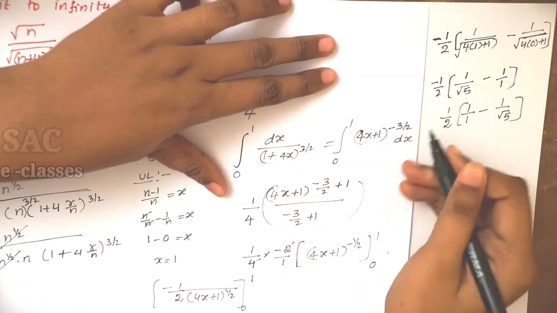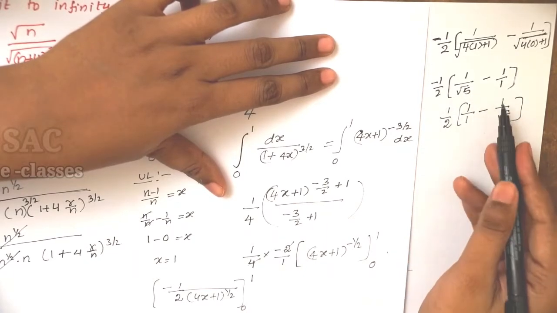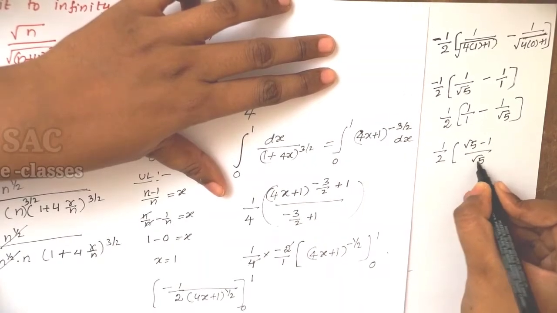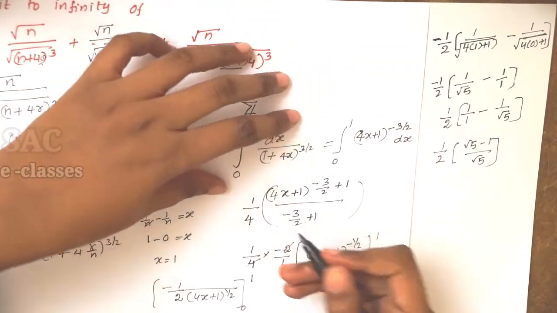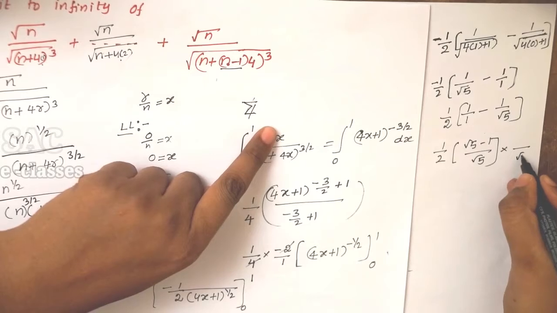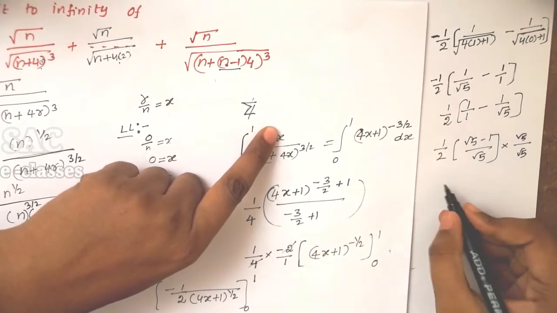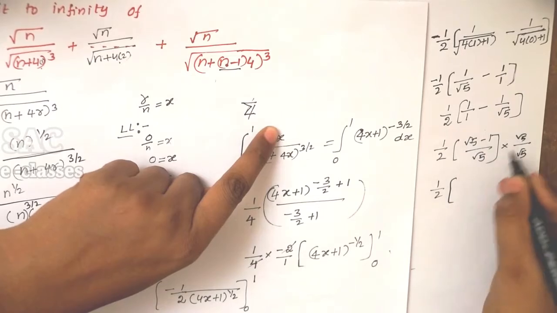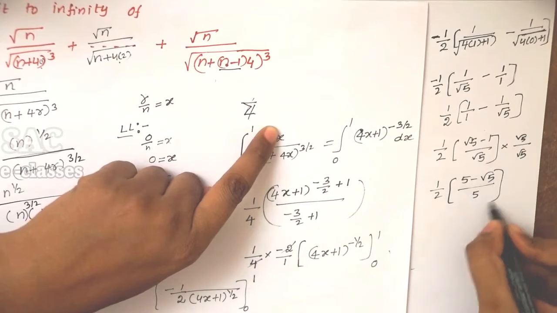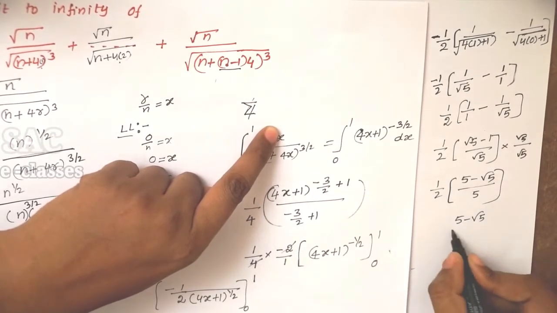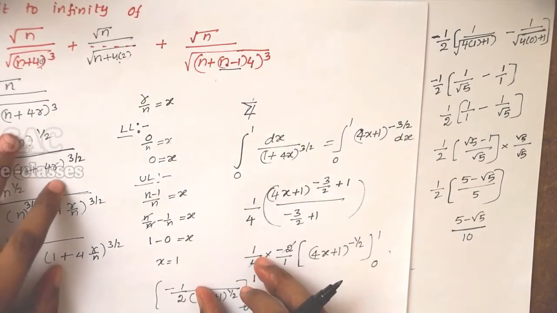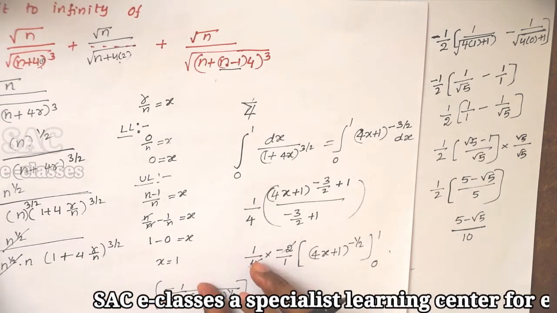If we want to simplify, we should not leave the answer irrational, so I am rationalizing with root 5 in the denominator: 1 by 2 into (root 5 minus 1) by root 5, which becomes (5 minus root 5) by (2 into 5) is 10. So the limit as n tends to infinity of the given expression is (5 minus root 5) by 10, the answer.